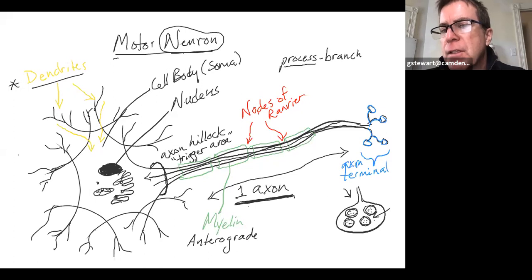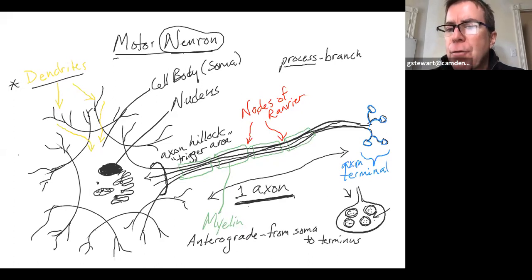This means moving stuff from the cell body or soma to the terminal end. I'm just going to write terminal or terminus. Retrograde just means moving stuff in the opposite direction.